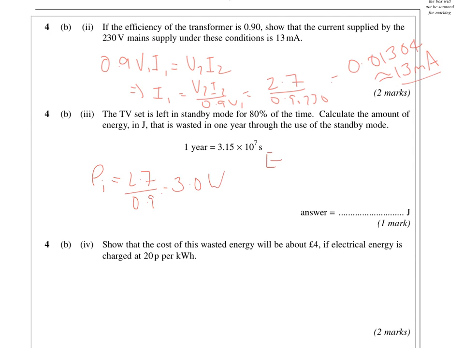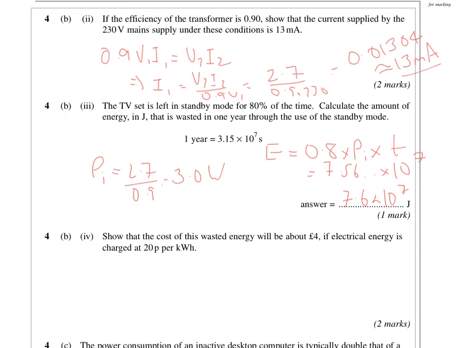Then the energy is going to be 0.8 times P in times the time, so 0.8 times 3 times 3.15 times 10 to the power 7, which is 7.56 times 10 to the 7. So that's 7.6 times 10 to the 7 joules to the right number of sig figs. Key thing here is getting your power input, because that will be the total amount of energy you're supplying that you're wasting.